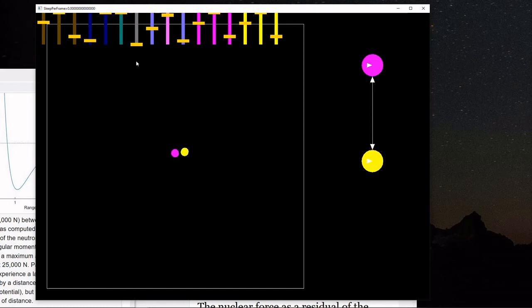I need some more energy in this system. Not sure how to get it there though.